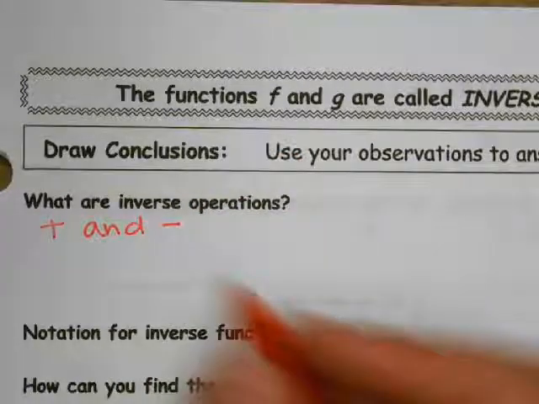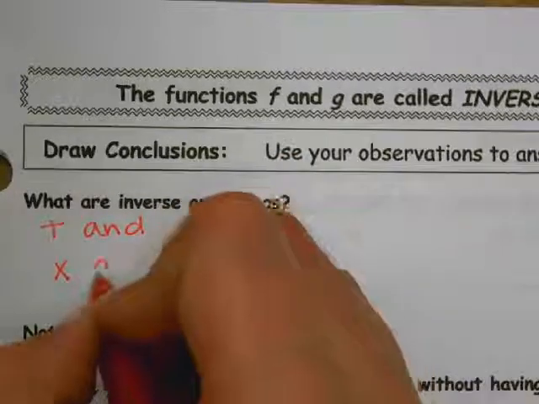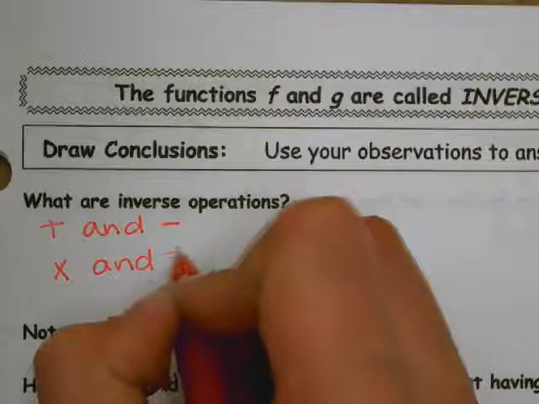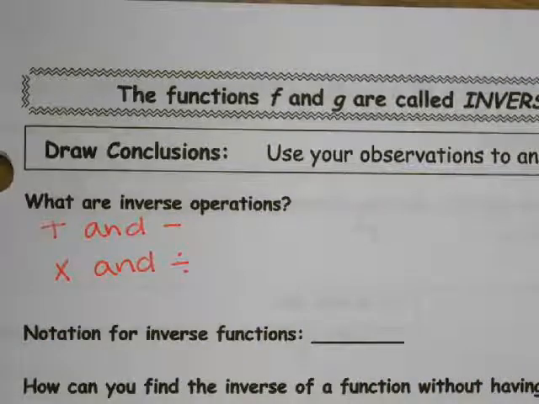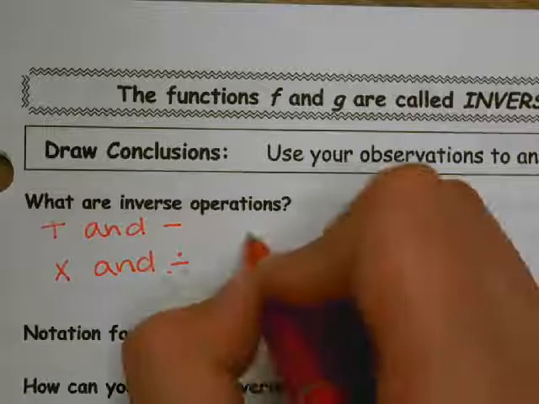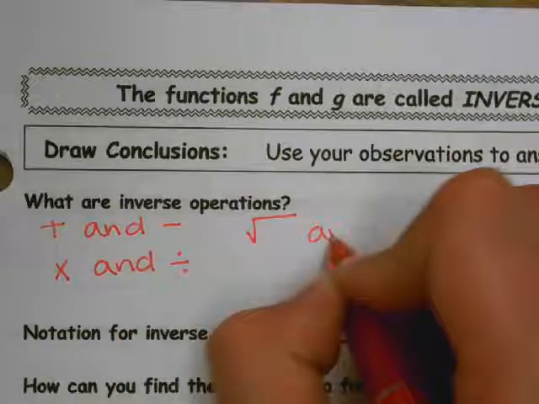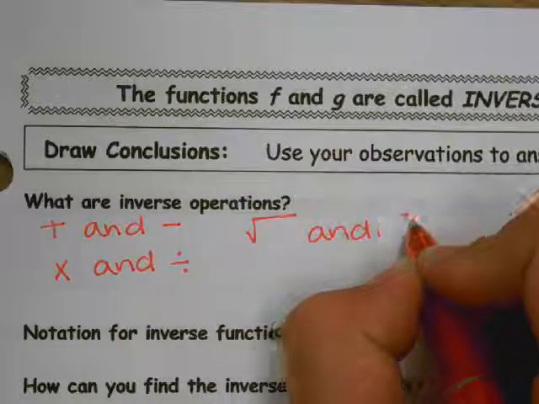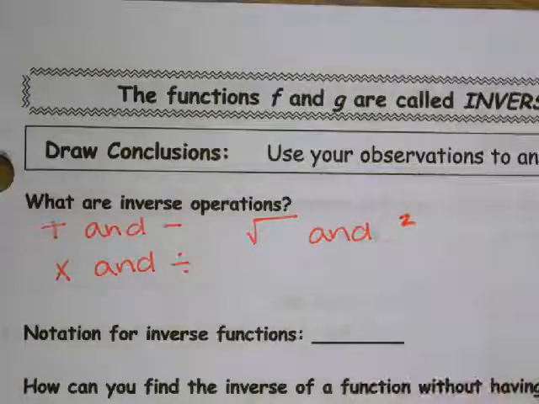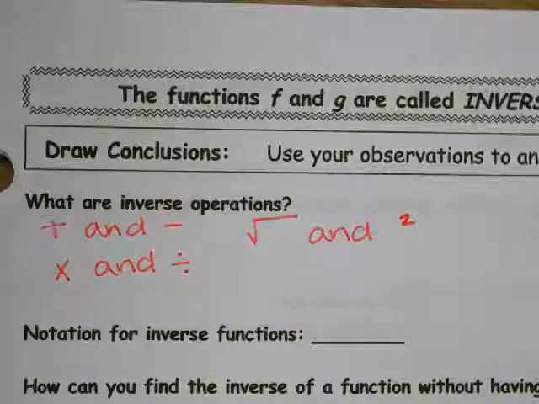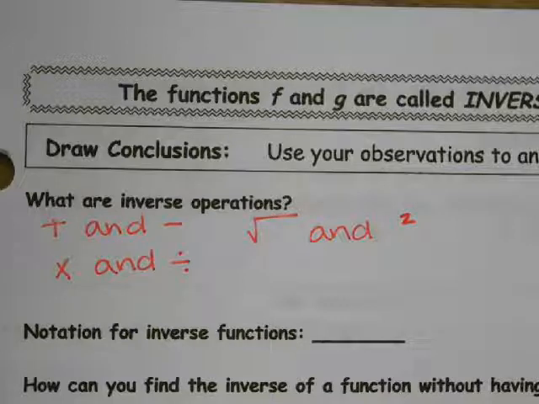If I think of multiplication, the operation that undoes multiplication is division. If I think of square rooting something, the operation that undoes that is a little squared. The little exponent of 2 would undo a square root. So those are some inverse operations that are common that we have dealt with in the past.